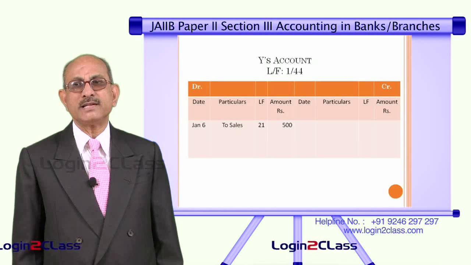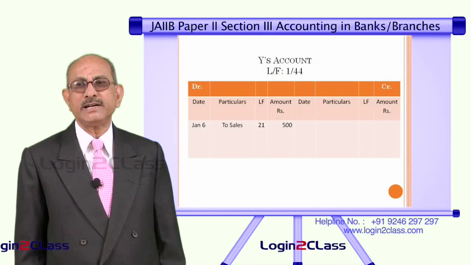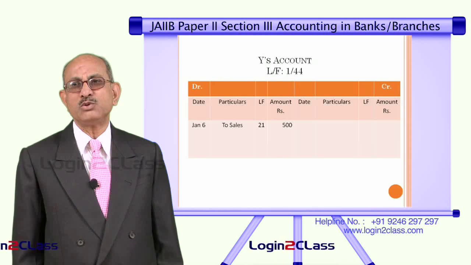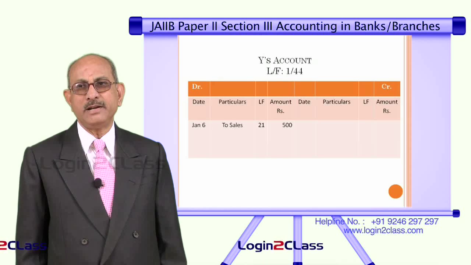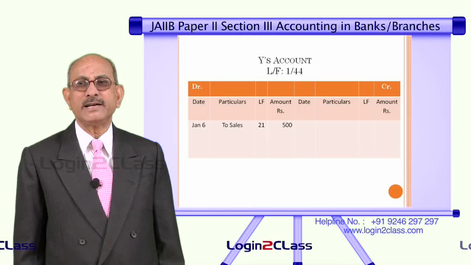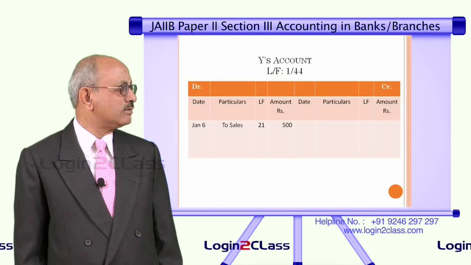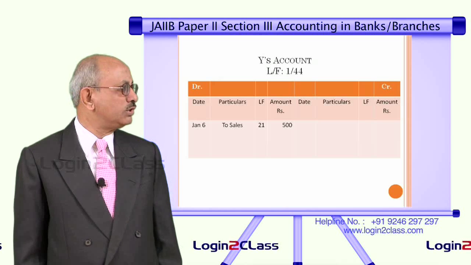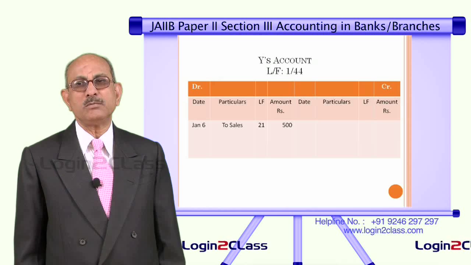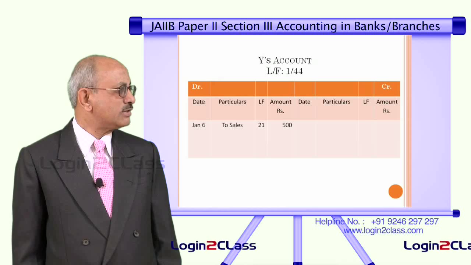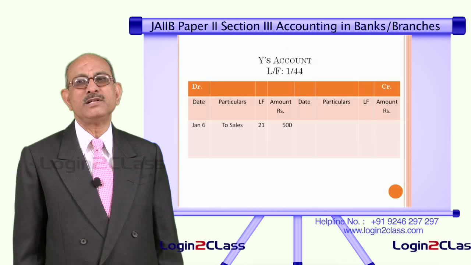Then coming to Y's account, there was only one entry relating to Y where the sale was made to Y on credit, and we had debited Y's account and credited sales account. So this will appear on the debit side of Y's account, and it will be mentioned as 2 sales, giving the folio number of the sales account as 21, and also the amount is mentioned there.